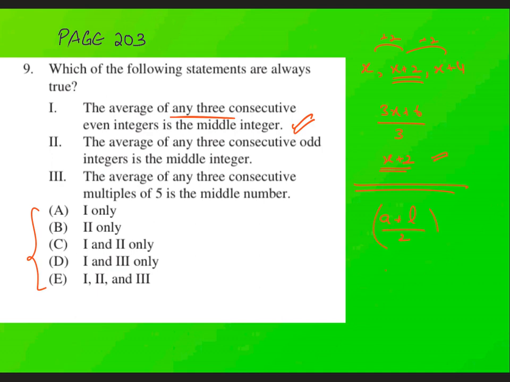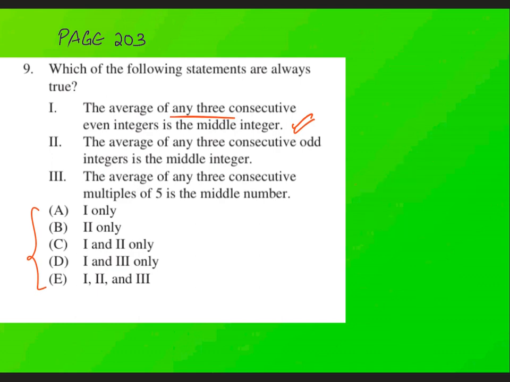So in this case, the first term is x, the last term is x plus 4, upon 2. That would be 2x plus 4 upon 2, hence again x plus 2. And that is always the case. In an arithmetic progression, the average is always the middle value, right in the center. So if you identify this as an AP, arithmetic progression, you can use this concept as well.